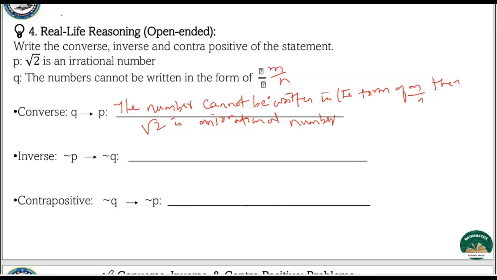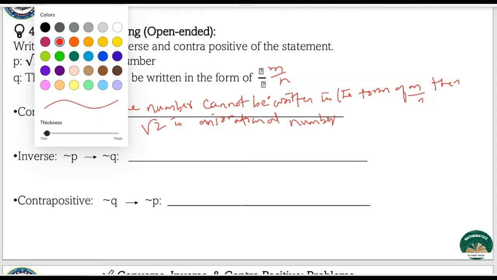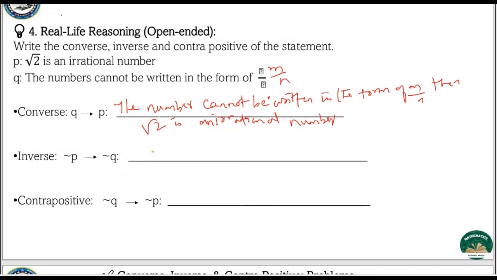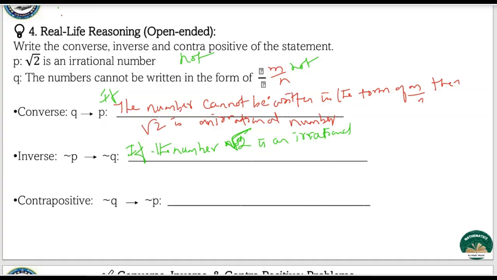Then the negation: you should write not for both. If the number root 2 is not an irrational number, then it is a rational number. Okay, I'll just correct it, one second.